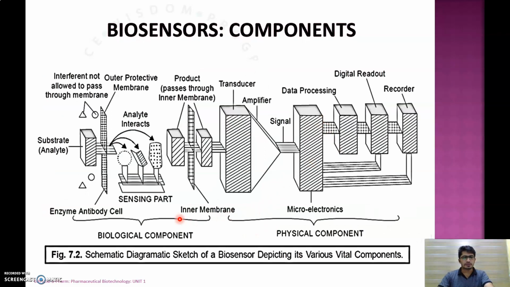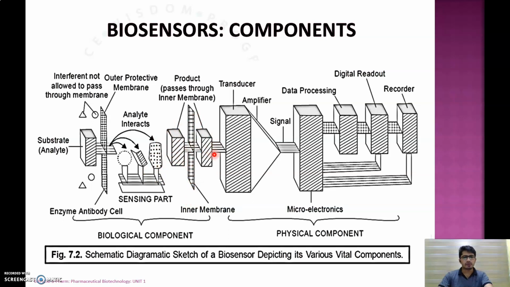Now this is the schematic diagram of a biosensor, and we have two parts, the biological component and the physical component. First we have the substrate or analyte to be determined, and this is passed through an outer protective membrane. It will allow it to pass through the membrane, and the analyte will interact with the sensing part and produce some changes, or produce some components, and this product passes through an inner membrane.